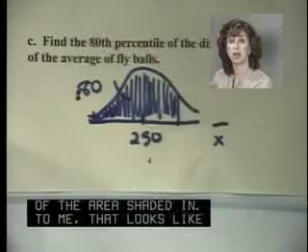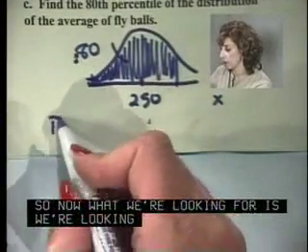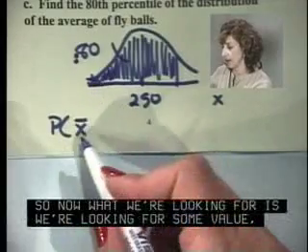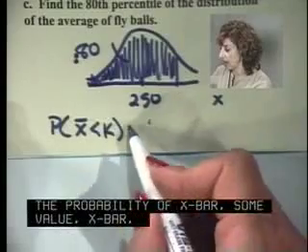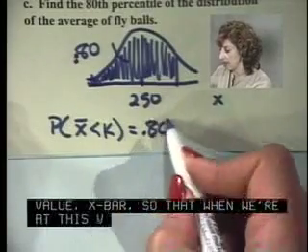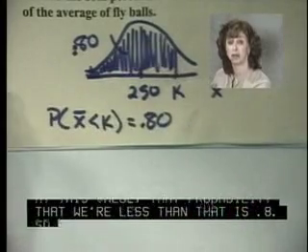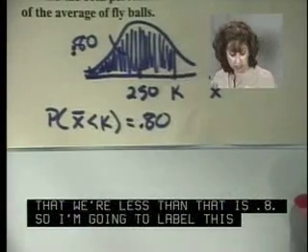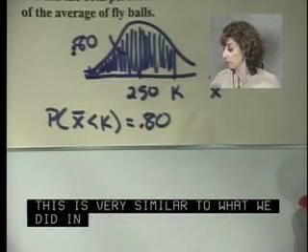So now what we're looking for is some value x bar, so that when we're at this value, the probability that we're less than that is 0.8. So I'm going to label this k right here. So that's what we're looking for. Now this is very similar to what we did in the Chapter 6 material.